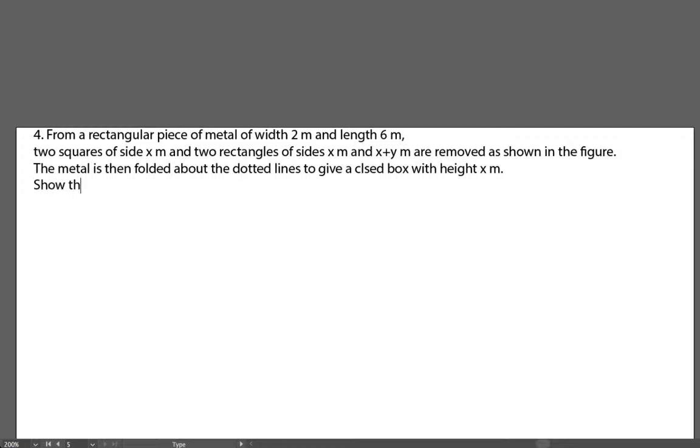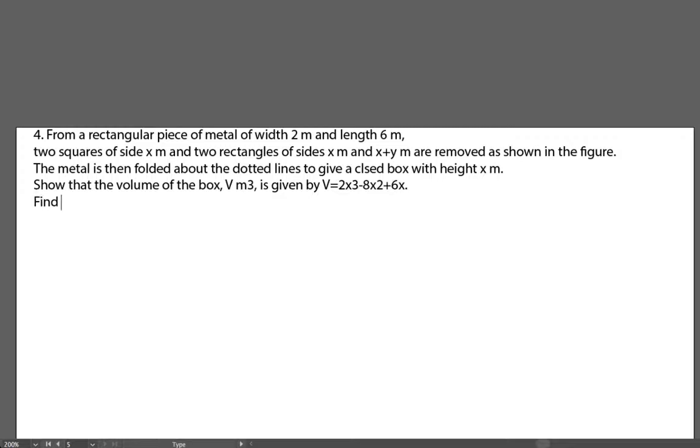Show that the volume of the box, V meters cubed, is given by V equals 2x cubed minus 8x squared plus 6x.